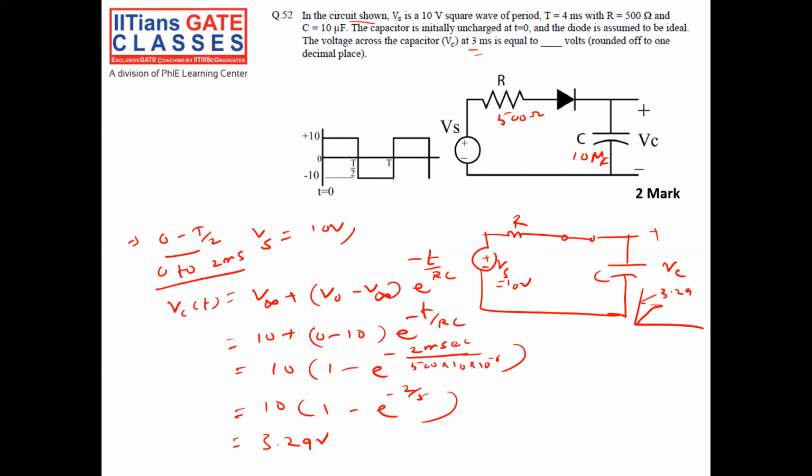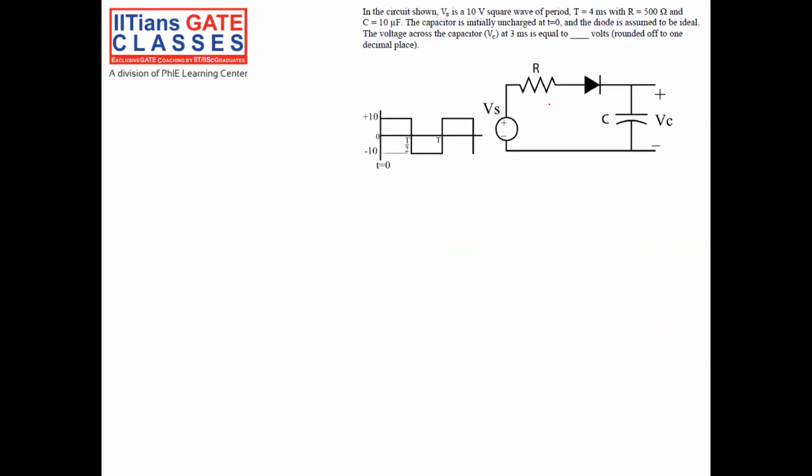What will happen after that? After that, Vs is minus 10 volt. So at T by 2, Vc is equal to 3.29 volt. Then from T by 2 to T, that is 2 millisecond to 4 millisecond, I am applying minus 10.